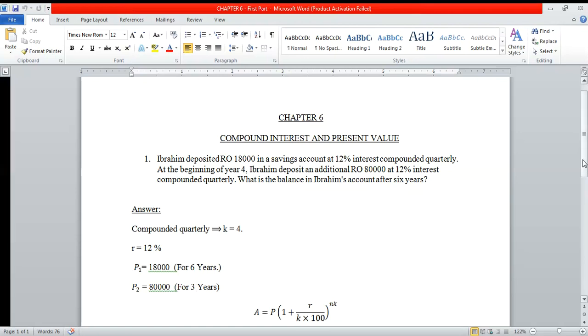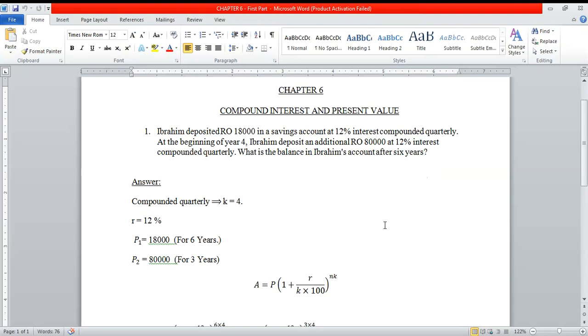Now we have to find the total amount in Ibrahim's account after 6 years. We know the rule: the total amount A equals P into 1 plus R by K into 100, whole power N into K. P is the principal, R is the rate of interest, K is the number of times compounded, and N is the number of years.